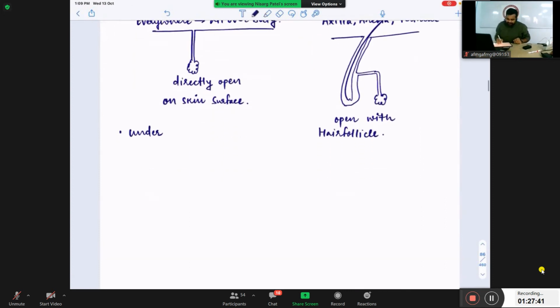Eccrine sweat gland is under sympathetic cholinergic control.